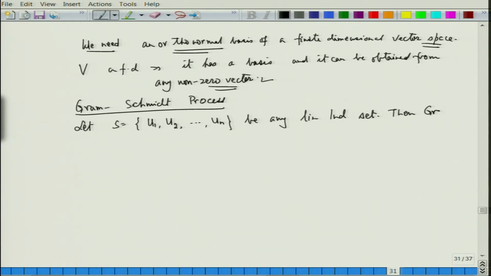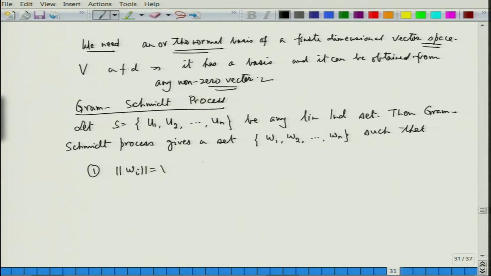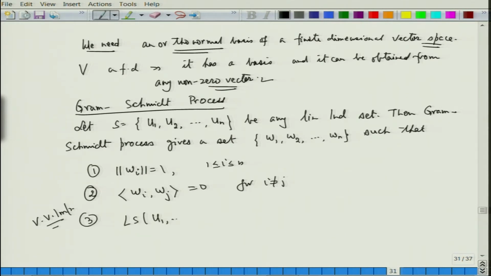Then Gram-Schmidt's process gives a collection of vectors, a set {W1, W2, ..., Wn} such that, one, length of Wi is 1 for 1 less than or equal to i less than or equal to n; two, the inner product of Wi and Wj is 0 for i not equal to j; and third, which is very important, the linear span of U1 to Ui is the same as the linear span of W1 till Wi for 1 less than or equal to i less than or equal to n.